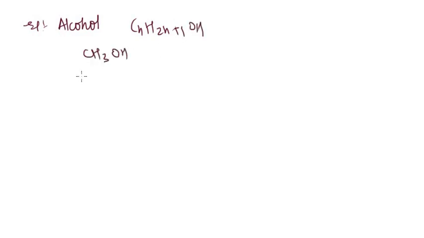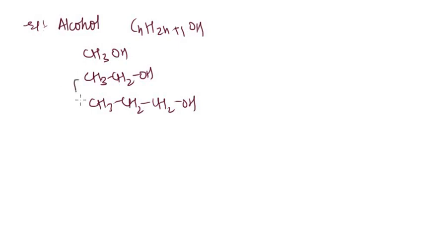Now if I write one more, like alcohol. The general formula of alcohol is CnH2n+1OH. Like CH3OH, CH3CH2OH, CH3CH2CH2OH. It differs by a CH2 unit.